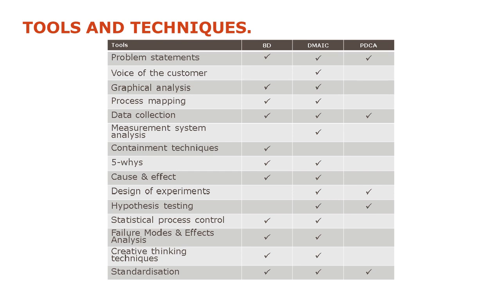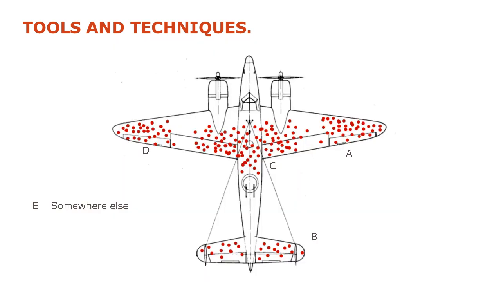Now, all of these tools and techniques require us to use good data and to use data well. So one thing to think about is, where does that data come from? I'd like to collect a little more information here. I've got an example here of some data, and hopefully you can see the picture here of an airplane.